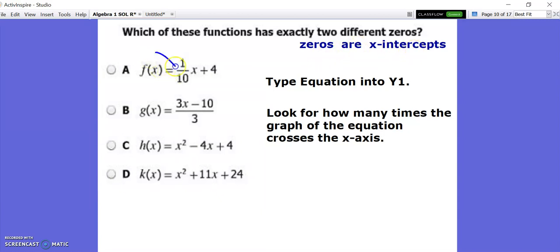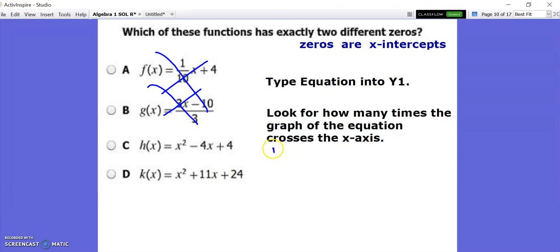So we can instantly get rid of these two because we don't want one x-intercept, we want exactly two different x-intercepts, two different zeros.